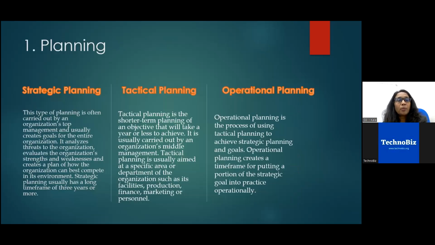Let's talk about planning. There are many types of planning here: strategic planning, tactical planning, and operational planning. These several approaches will give you an overview of the types of planning that managers should address.